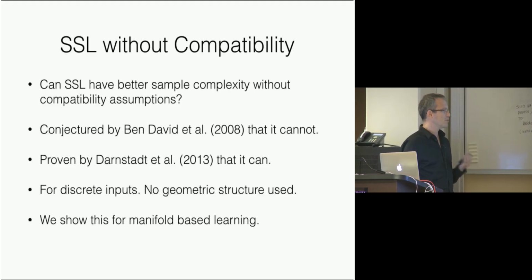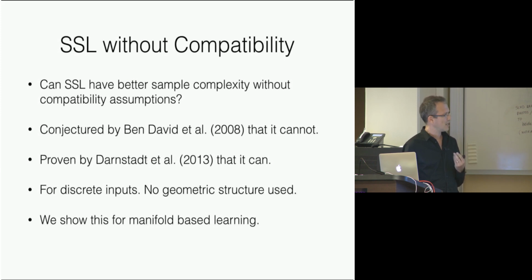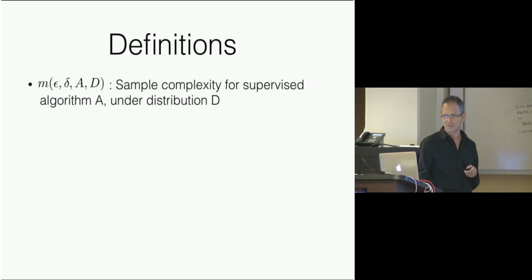So what we want to show is a similar result to Darnstadt, but in the case of continuous features, where you have a manifold structure for the input features. That's what we've shown. Some quick definitions.